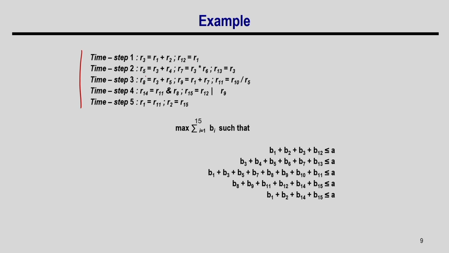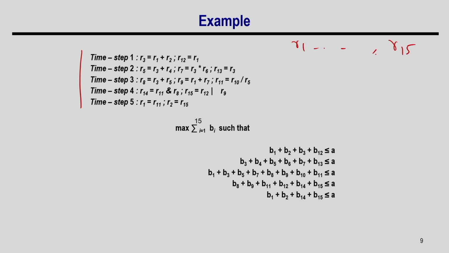In timestamp 2, R5 = R3 + R4 is happening, R7 = R3 + R6 is happening and so on. This is how these operations are scheduled. I want to identify how many of these can be mapped. How many variables are there? R1 to R15.